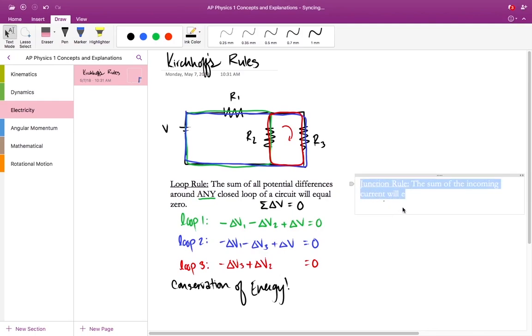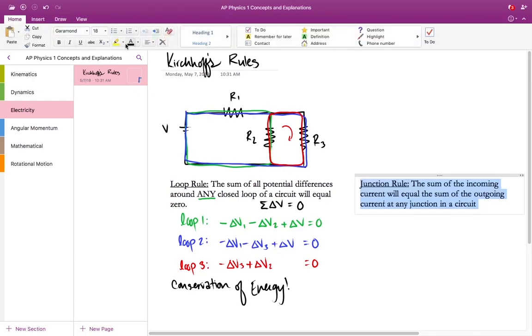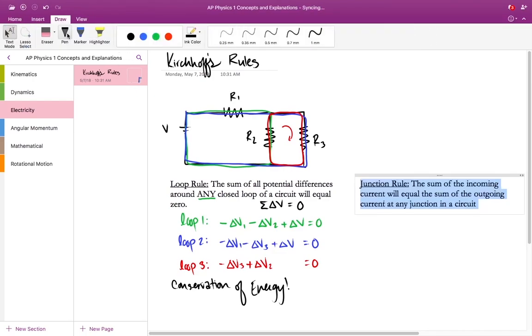Kirchhoff's junction rule states that the sum of the incoming current will equal the sum of the outgoing current at any junction in the circuit. So let's write that again in kind of math language.